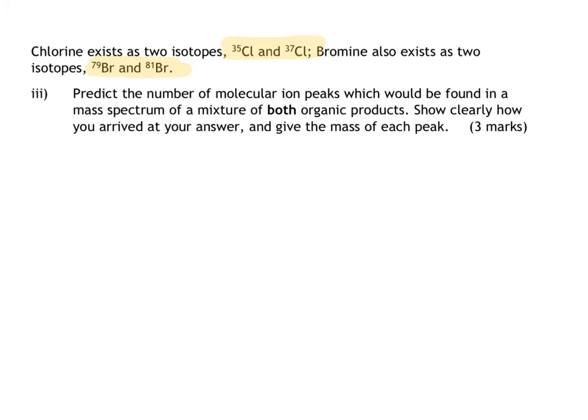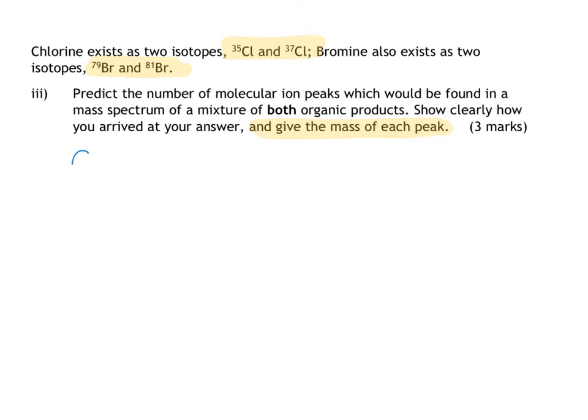So predicting the number of molecular ion peaks, so basically just the number of different masses that can form. That's what we're being asked for. And if it says give the mass of each peak, well, if we work out the masses that can possibly form, then we'll be able to work out how many molecular ion peaks there are.